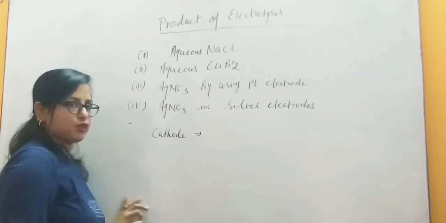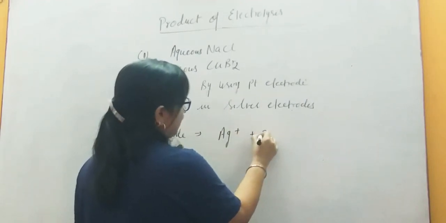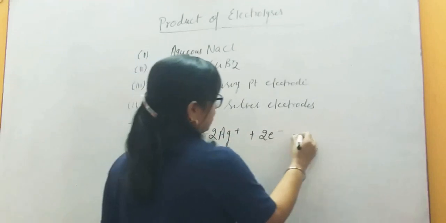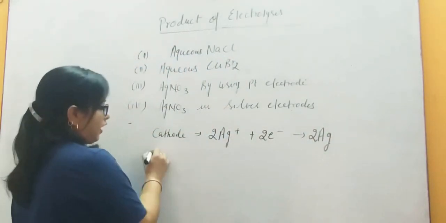In case of H plus ion and Ag plus, the reduction of silver occurs and it makes silver metal.